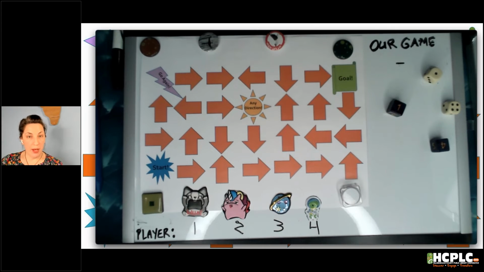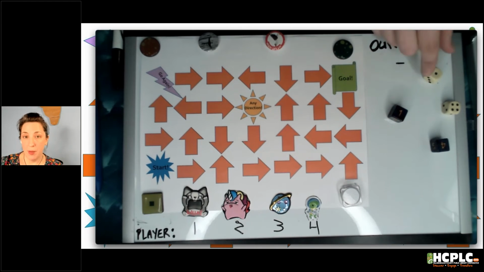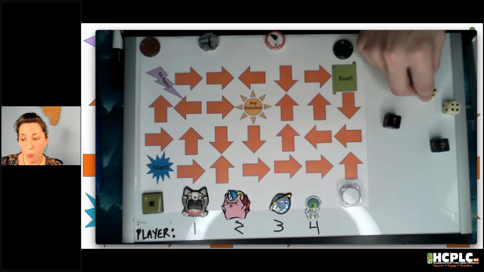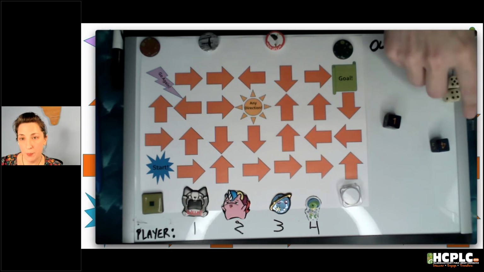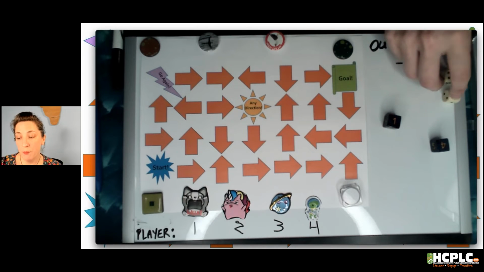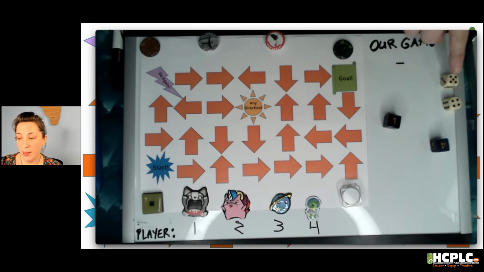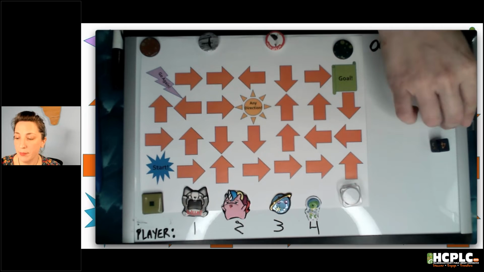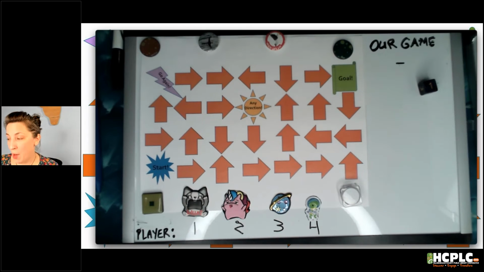Some of us read better reading numbers as numerals, and some of us might have an easier time understanding numbers if they're in a countable format. So that's just one way to consider what type of dice you use. Some people read numbers better like this, and some people read numbers better like this. That's one way to figure out how many spaces our players are going to move.